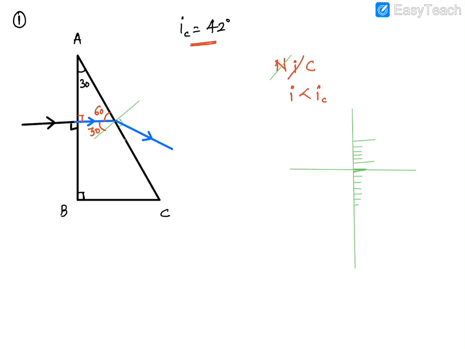Okay, let's do now diagram number 2. In diagram number 2, again we are doing something similar. There is just going to be a little change in the diagram this time. Okay, let's start.